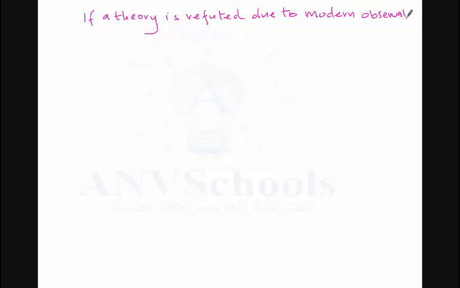A theory, in fact, can change if enough experiments are carried out to refute it. So we are saying if a theory is refuted due to modern observations and experiments, then it is just a normal thing that can happen in a scientific world.